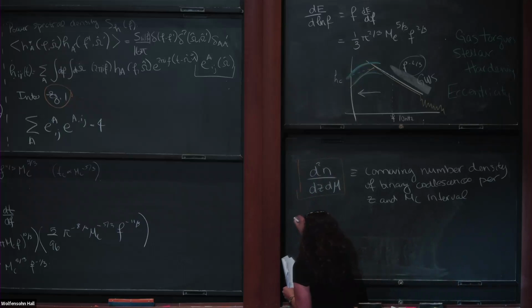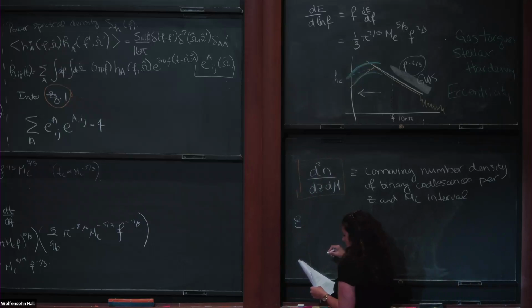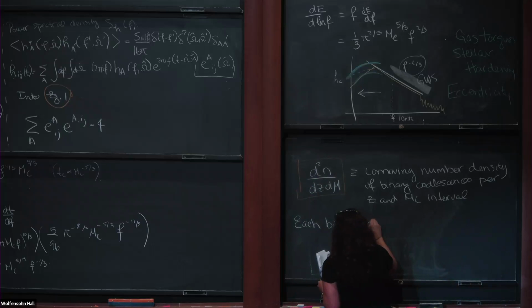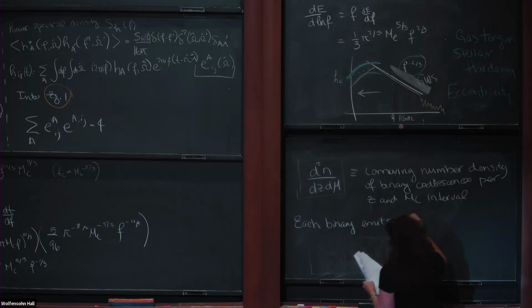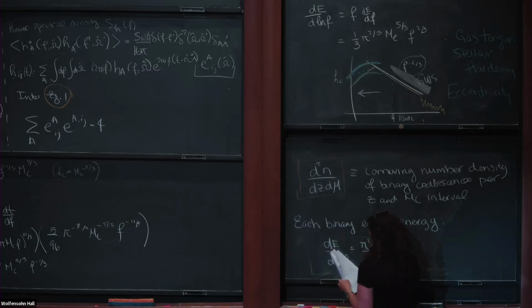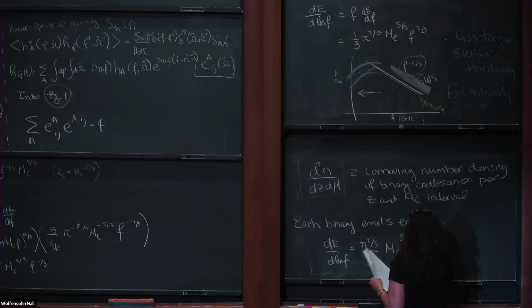So here, I'm going to say that each binary that I'm describing here emits energy as follows: dE by d log f is pi to the 2/3 over 3 times chirp mass to the 5/3 times frequency to the 2/3.